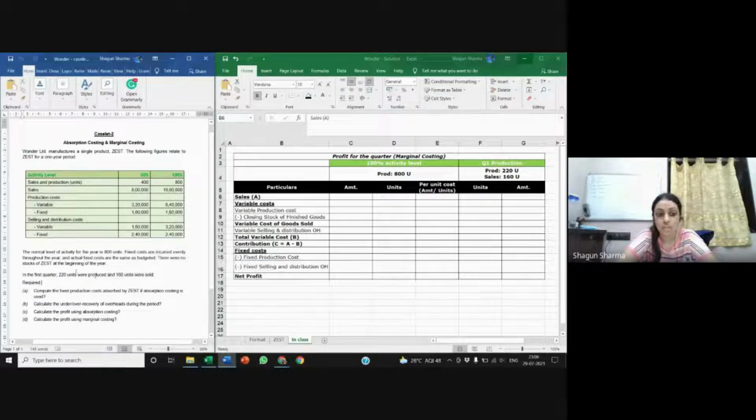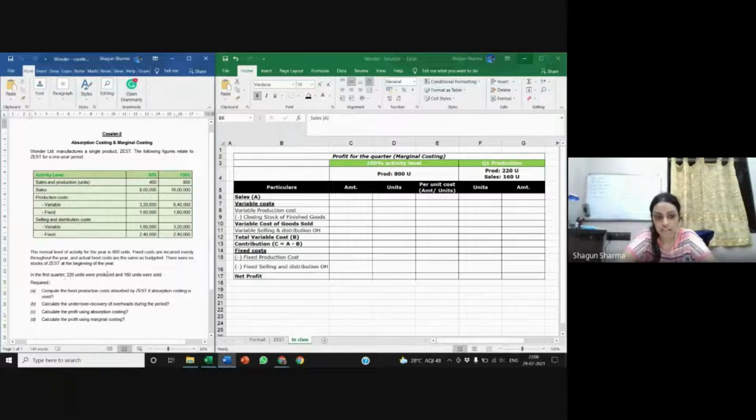So we made 220, but we sold only 160. That means you have a closing stock of 60 units. So this alerts you that you're going to have to make the closing stock adjustment that we did in the first session.